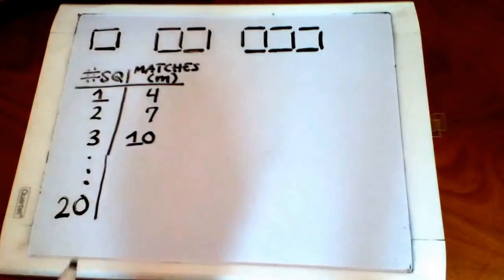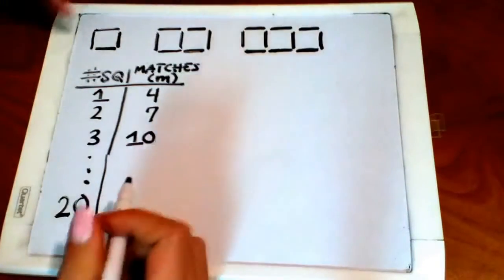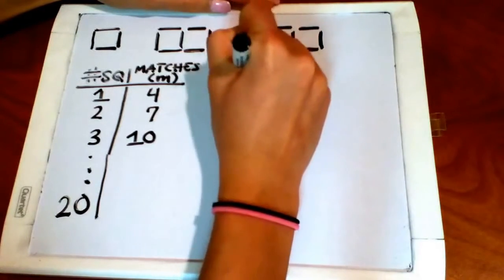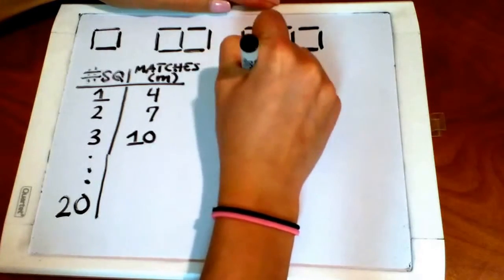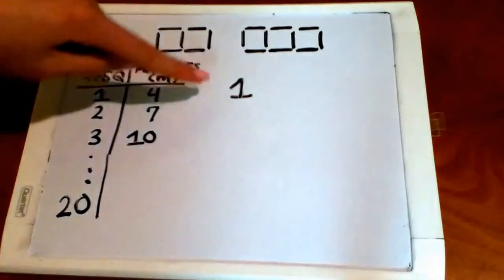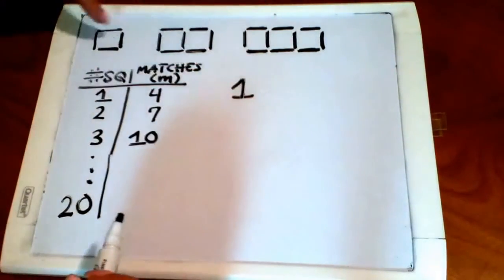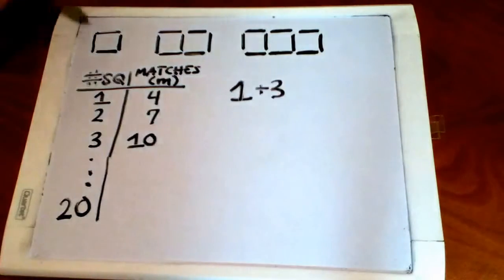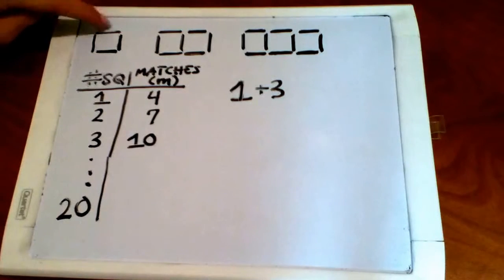So it seems like the repeating pattern is there is 1 match at the beginning of each pattern, and then plus 3 around it for each square there is. So when we only have 1 square, we have 1 match plus 3.